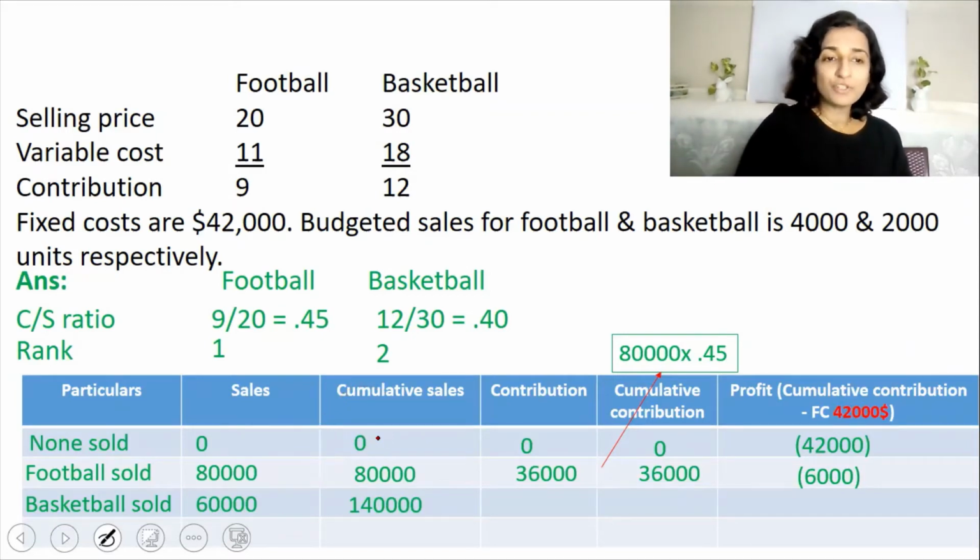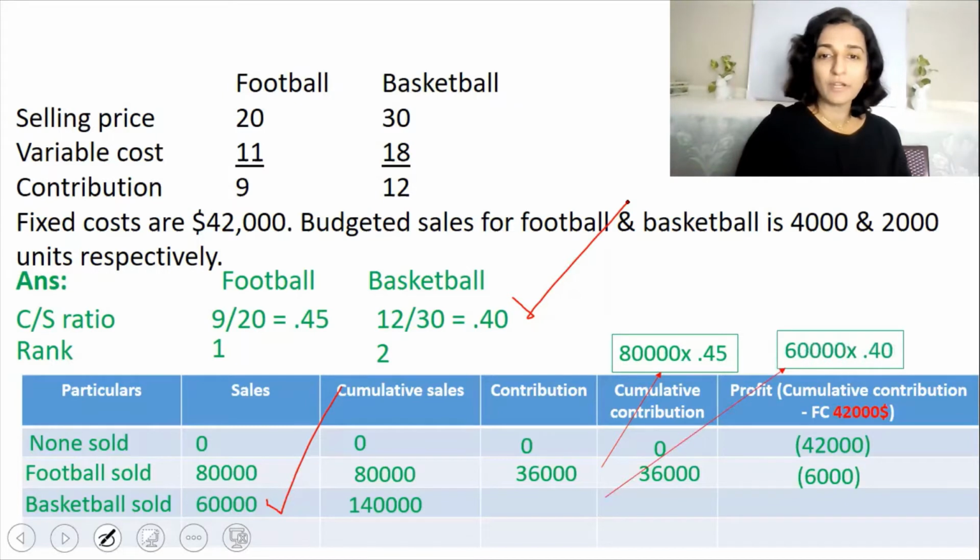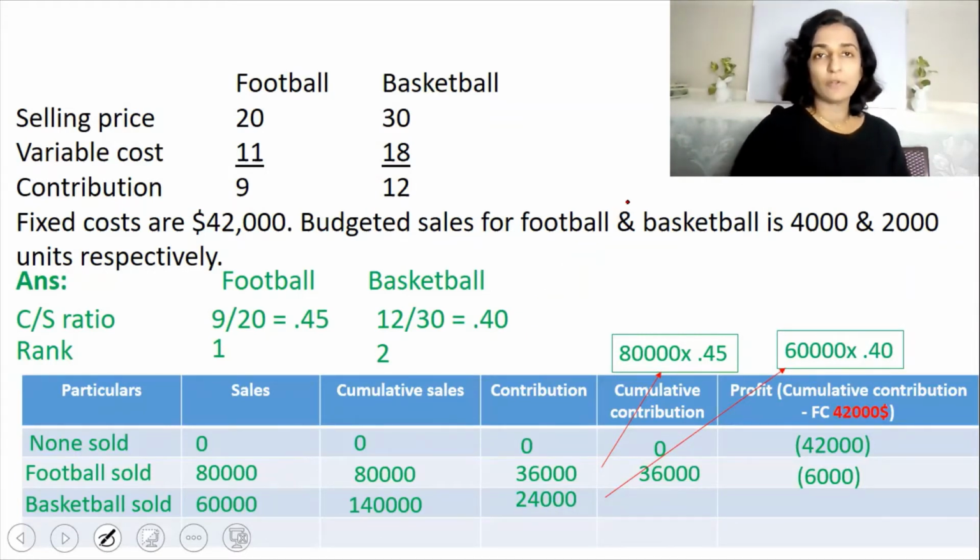Now what is the contribution for basketball? Basketball sales is $60,000. And what is the C/S ratio of basketball? It is 0.40. So what is the contribution that we receive from the basketball sales? It is 60,000 into 40%, or we get a contribution of 24,000 from the basketball sales. Now coming to the cumulative contribution.